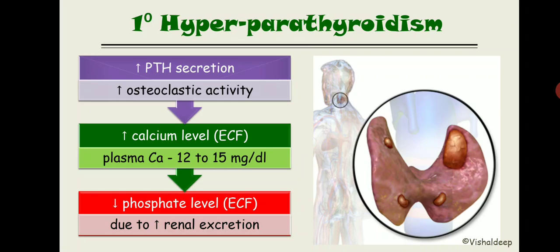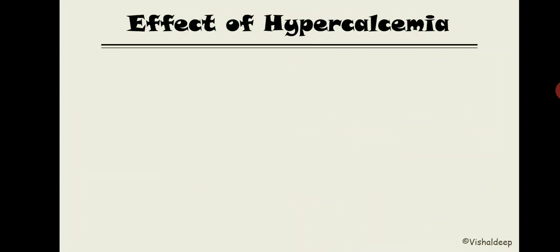Now what will happen when the person suffers from hypercalcemia? The effects, or the clinical features, of hypercalcemia involve the same three organs that are involved in calcium metabolism: bone, kidney, and the GIT. One additional organ that you need to remember is the effect on the CNS.